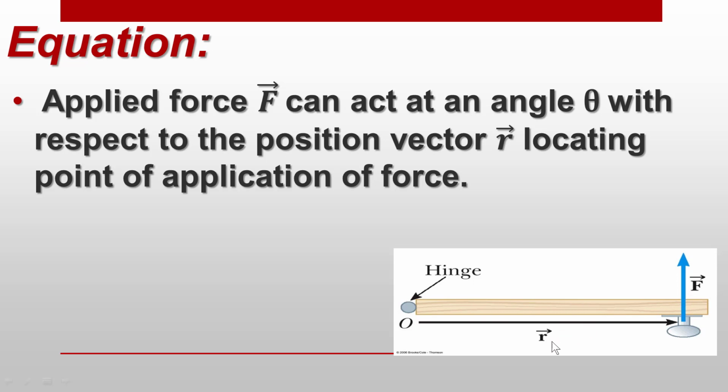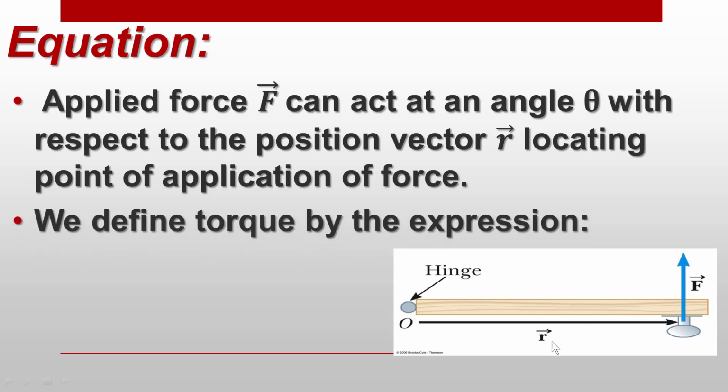If we take the cross product between this position vector r and the applied force F, we will get torque. Tau is equal to r cross F. This equation represents the torque, the cross product of position vector r and the applied force. What is position vector r?